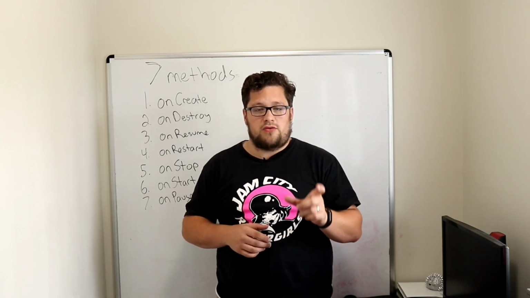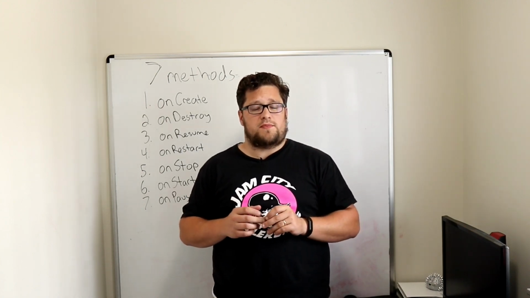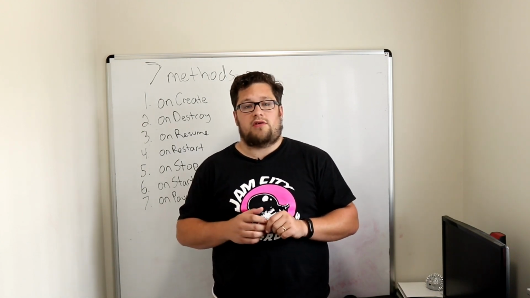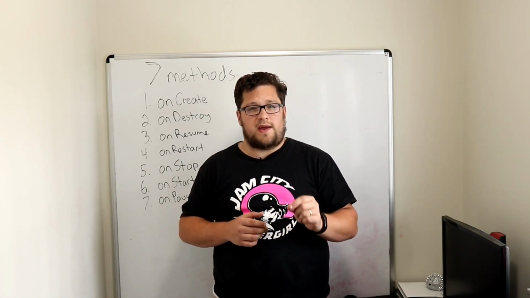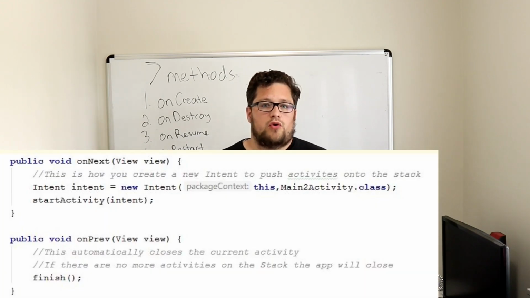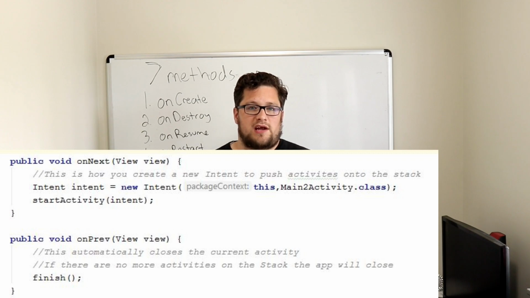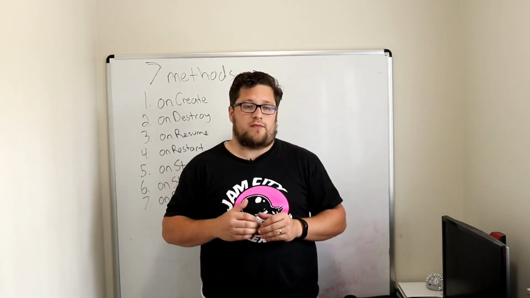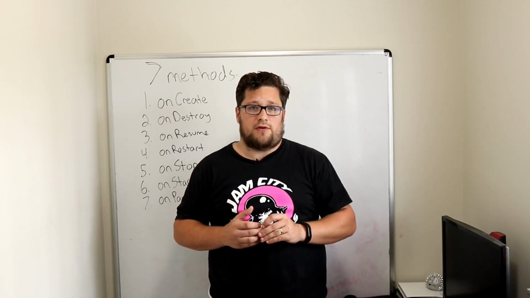In main activity 2, when you hit on next, you want it to launch main activity 3. When main activity 3 on next is clicked, you want it to launch main activity, and just keep going through that chain. If you will notice that in main activity.java on the previous button, I very simply have a finish call. That finish call says I am done in my current activity. I'm going to remove it from the stack, so let's go to the previous one.